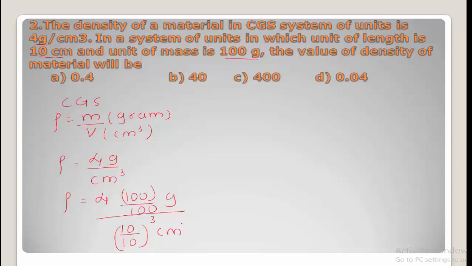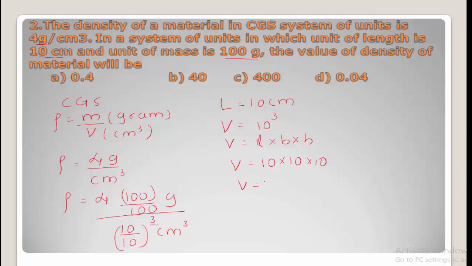So you must be thinking how this 10 raised to 3 has arrived. So observe here, if the length of the object is given by 10 centimeter, it means it is increased by 10, then the volume becomes 10 raised to 3. You know that volume is equals to length into breadth into height. So volume becomes 10 into 10 into 10.